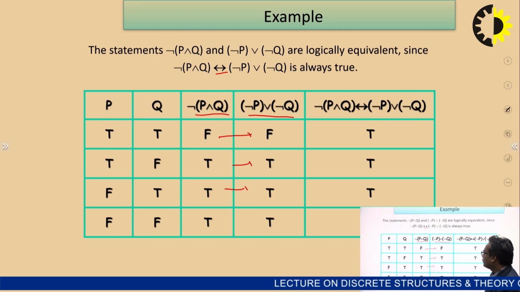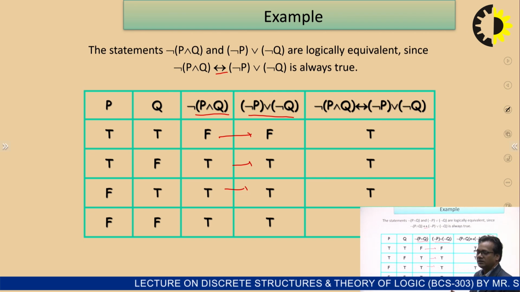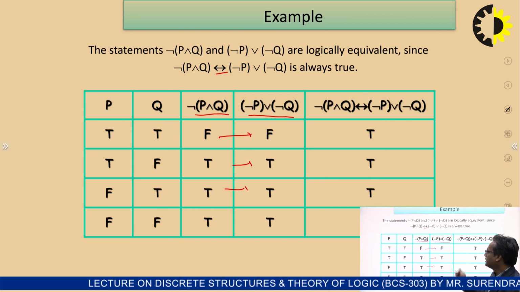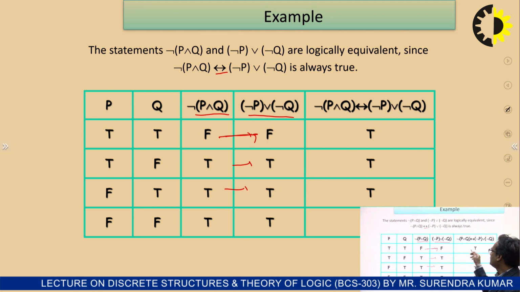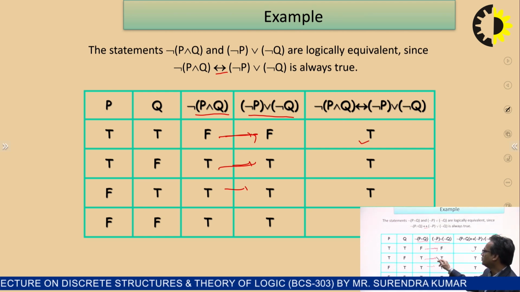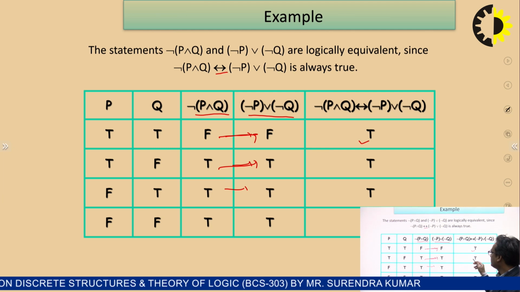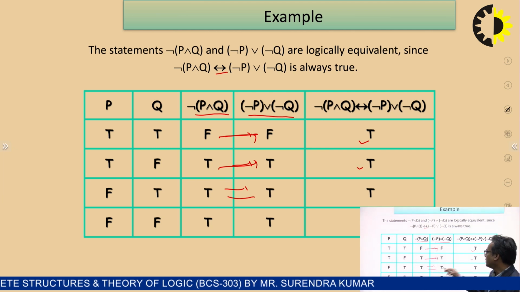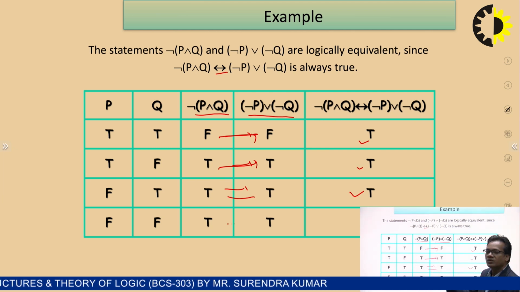We know for double implication, if both inputs are the same, like false false, then it will be true. True true, again the same inputs, it will be true. Again the same, it is true.